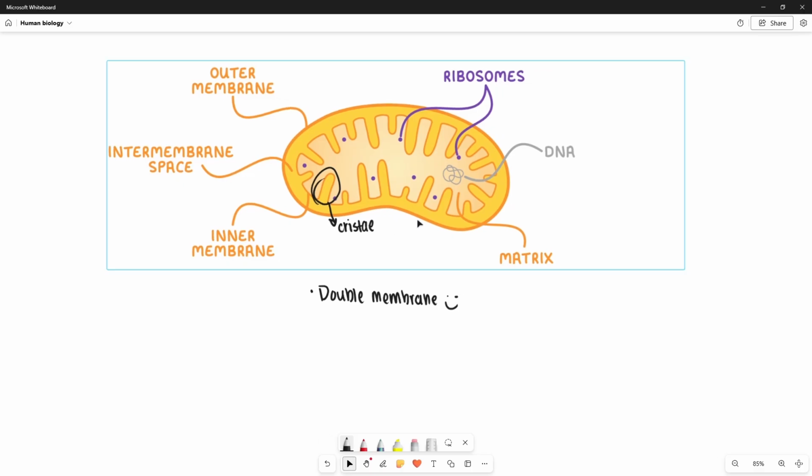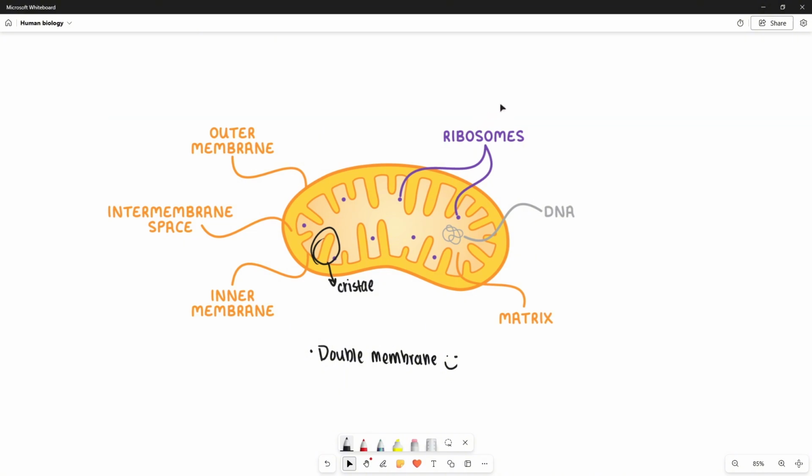Now it has a fluid-filled matrix. The matrix contains enzymes and things that help with chemical reactions, and it has its own ribosomes. These ribosomes are smaller than the ribosomes you see in the rest of the cell. They are called 70S ribosomes. The 70S means they're smaller.